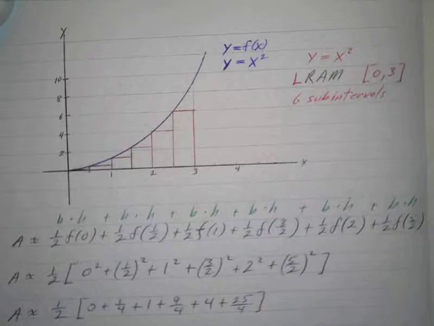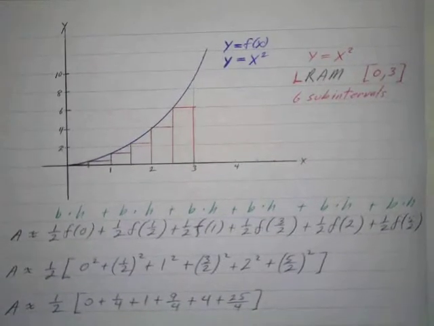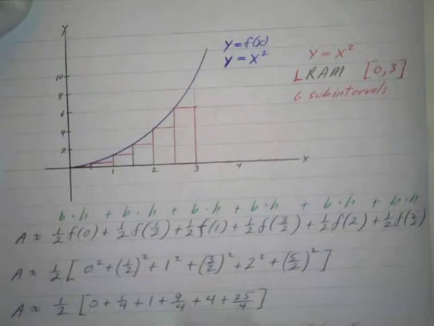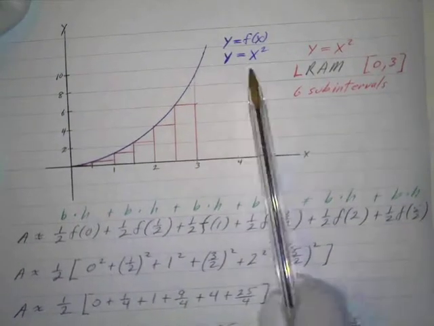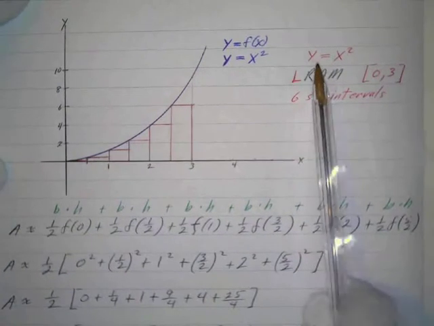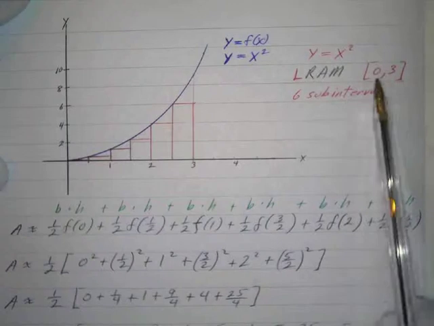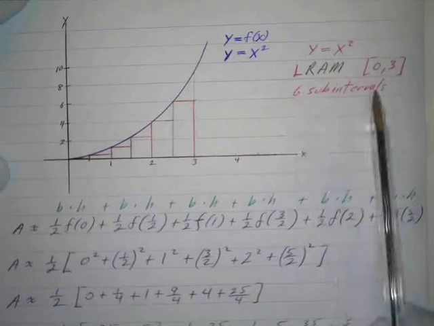But let's go back to f of x rather than the velocity function. Let's say we want y equals x squared, and we want to use a left rectangular approximation on the interval from 0 to 3, with 6 subintervals.